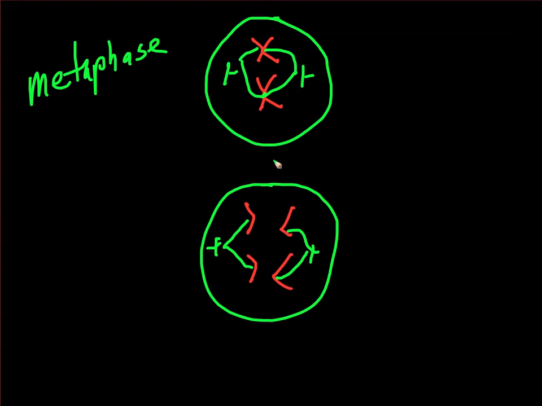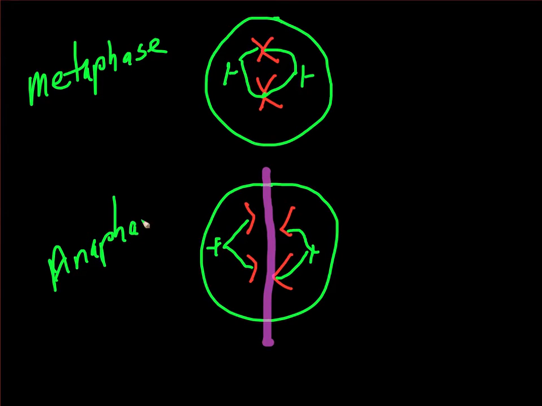So if we were just to draw an imaginary line down the cell, each half is going to have exactly the same DNA. The genetic information found on this chromatid is exactly the same as this chromatid. The information on this chromatid is exactly the same as this chromatid. When the cell looks like this or is in this phase, this is anaphase, which will bring us next to the last phase.